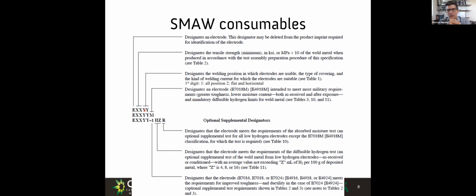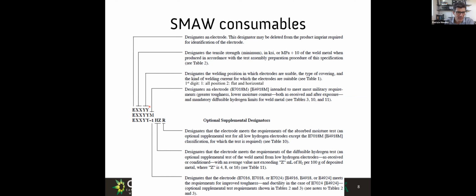And there is also another designation, 4, that is quite uncommon. I'll mention that later. And then the last digit. So we would have something, for example, like 61 something, right? That would be 60 KSI, all position. Or 71 something, that means 70 KSI, all position.